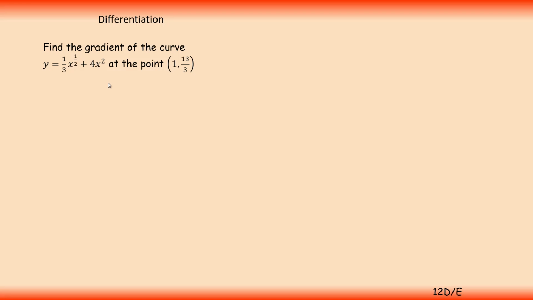Okay, so we want to find the gradient of this curve at the point 1, 13 over 3. So let's write our equation here. Y is equal to a third x to the power of a half plus 4x squared. So dy by dx, differentiating term by term.